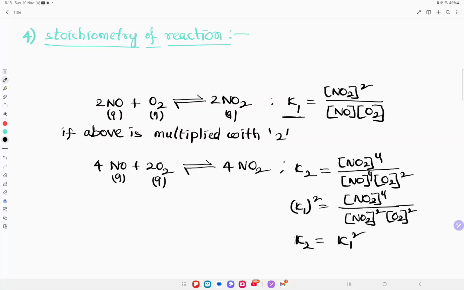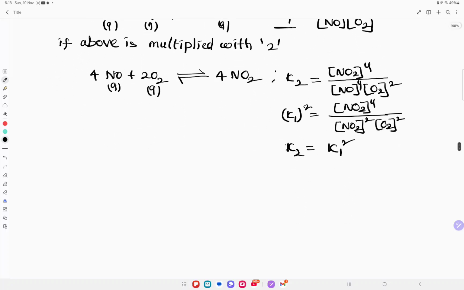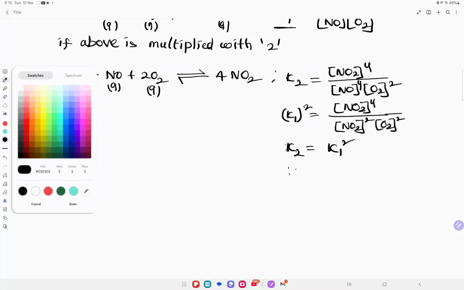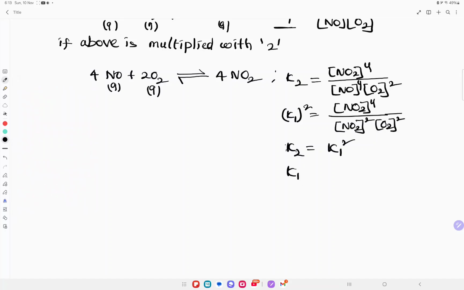Then K1 becomes what? K1 is equal to under root of K2, or K2 power 1 by 2.